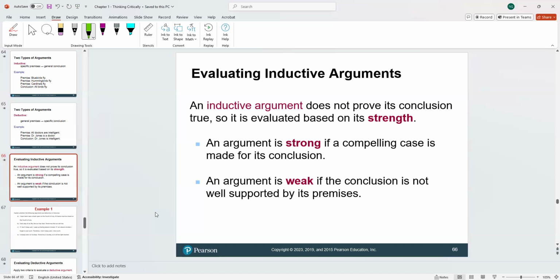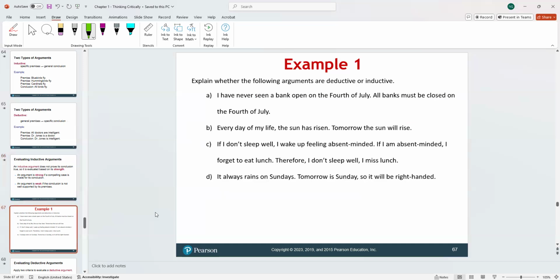Some of these you can verify, but before we go about evaluating deductive arguments, because inductive arguments we evaluate based on their strength and weakness, how about going over some examples very quickly?